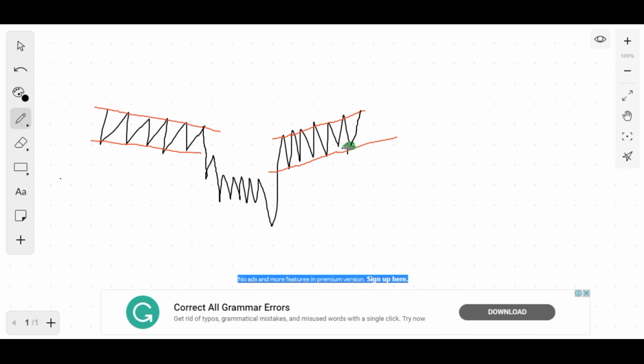Okay, so let's say you enter the buy here, so I'm going to tell you where to put your stop loss and where to put your take profits. Your stop loss will be somewhere here, below the line. So let's say you enter your buy here at the green point and it didn't go up, but then it came down.